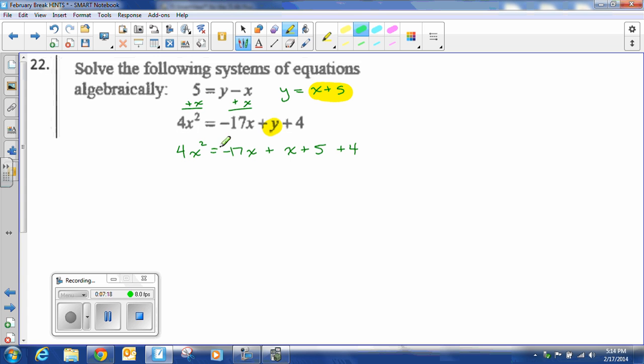As you can see, the negative 17x goes with the positive x, and the 5 and the 4 can combine, giving us 9. And once again, I'll let you finish this one. And because it doesn't specify whether it wants the ordered pairs or the roots, you always want to give as much as possible, but I think the roots will be just fine.